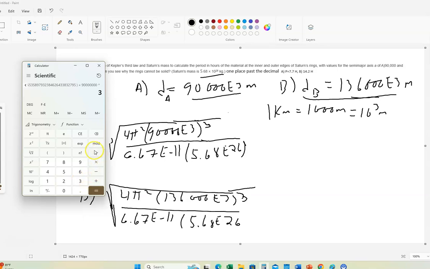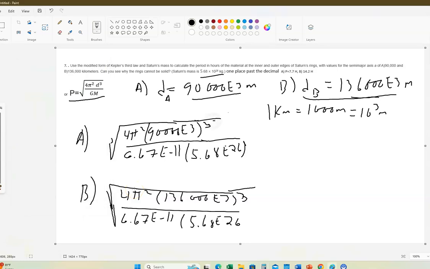Then I'm going to divide by big G, which is 6.67 times 10 to the minus 11th. I'm going to hit equals. All I've done is this part right here.